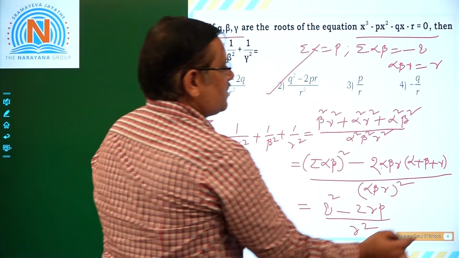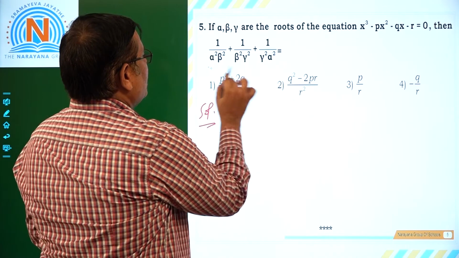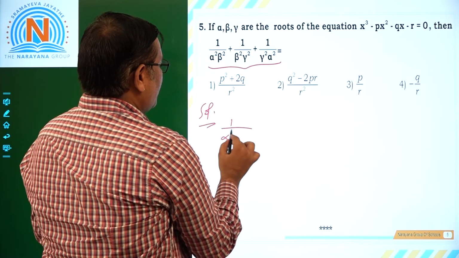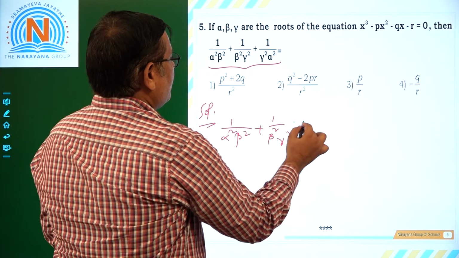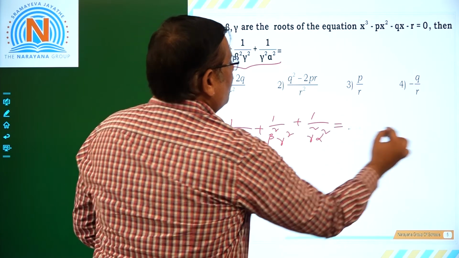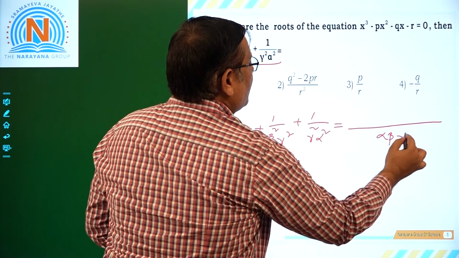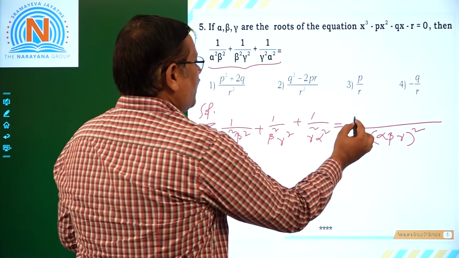Now we'll move to the next question. Same thing, only this value is changing: 1 by alpha square beta square plus 1 by beta square gamma square plus 1 by gamma square alpha square. If you take the LCM, what is the LCM here? Alpha beta gamma whole square. So what is the numerator now?